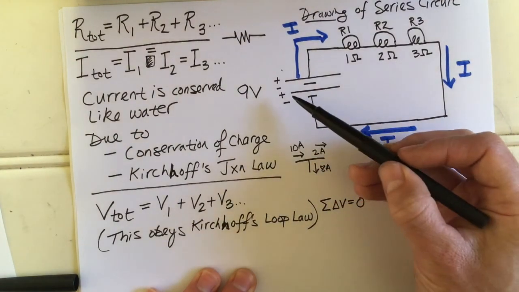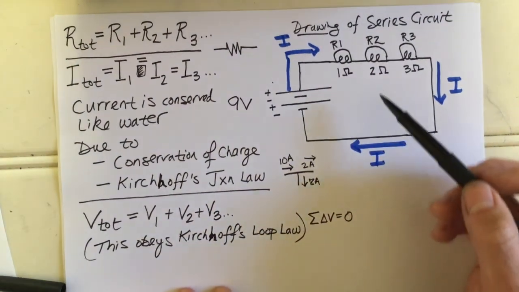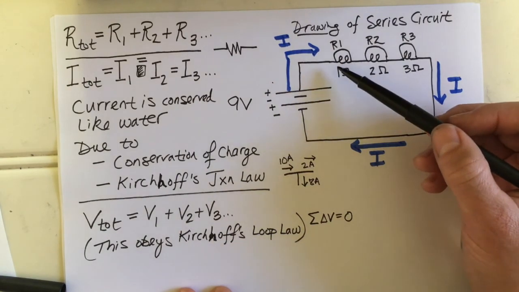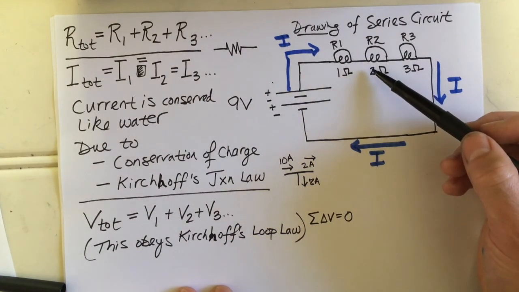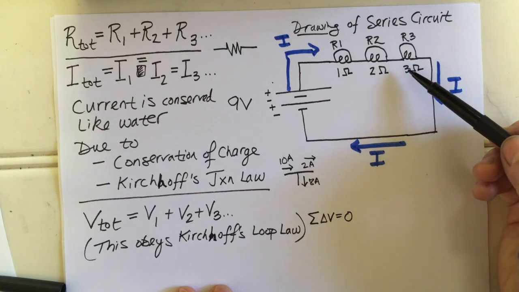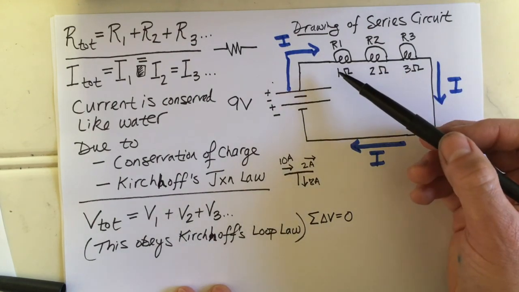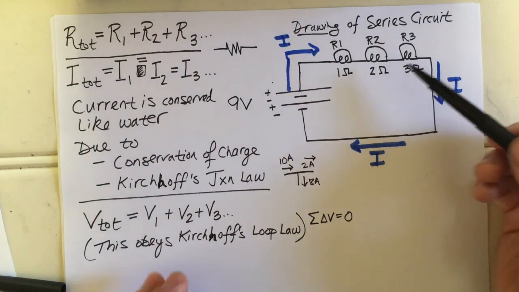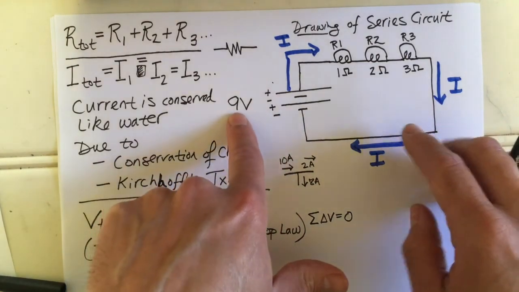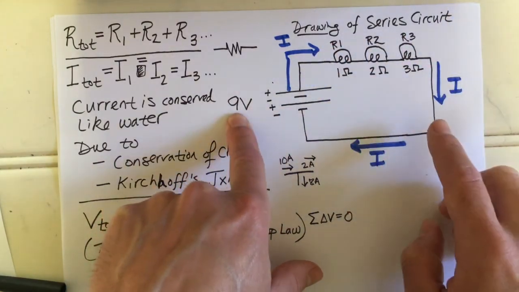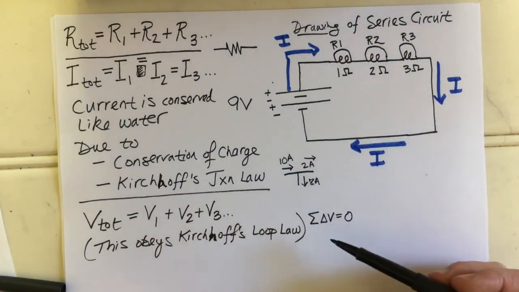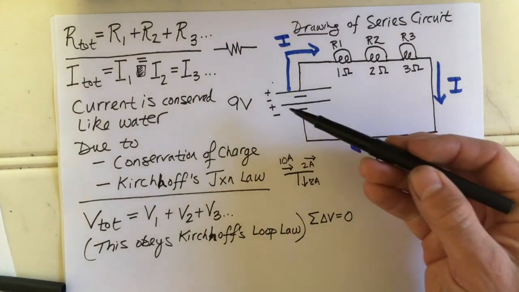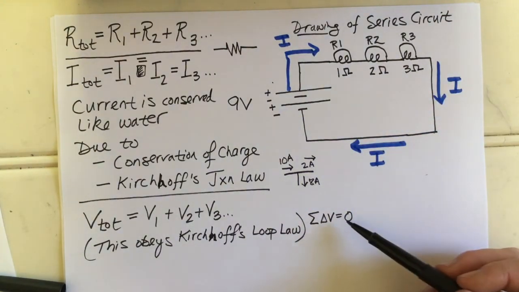So when you have a positive 9 here, you have to have, say, a -1, a -2, and maybe a -6, right? Because -1 plus -2 plus -6 is -9. So this would be positive 9, and these three would account for the -9. The sum of the change in voltages, right? Positive 9 and -9 must equal 0.